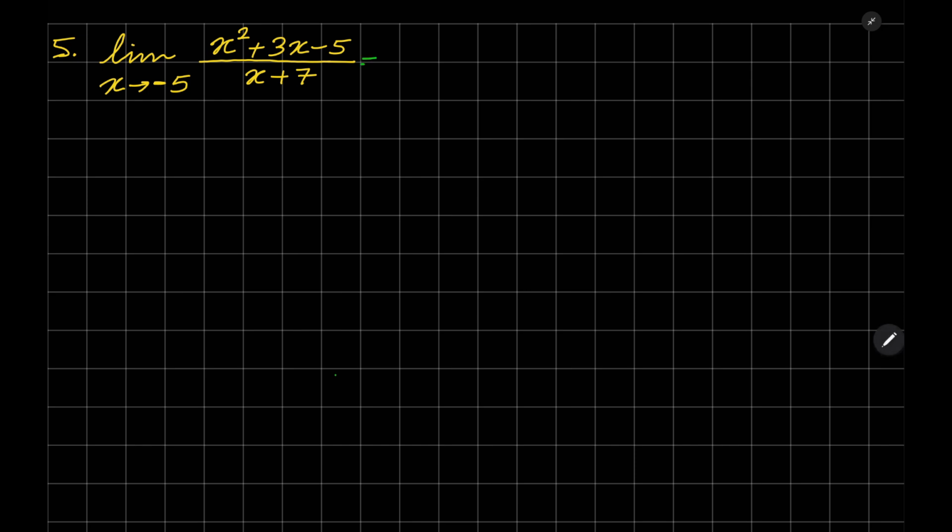Then this is equal to, if we substitute x by negative 5, negative 5 squared plus 3 times negative 5 minus 5 divided by negative 5 plus 7.